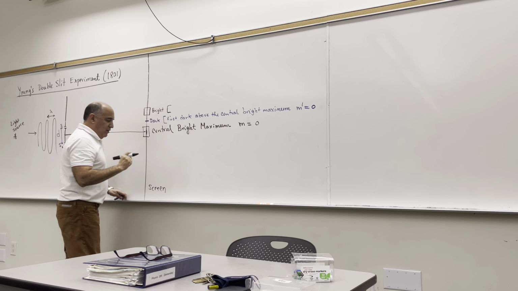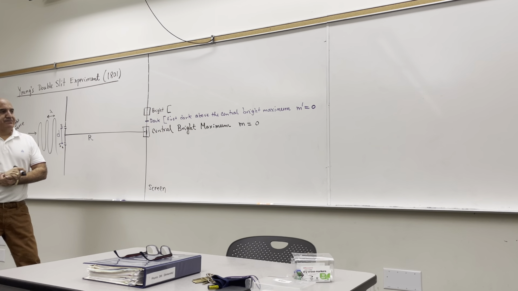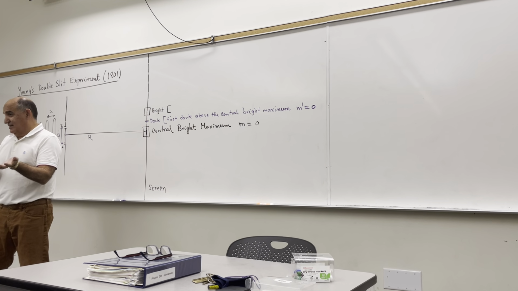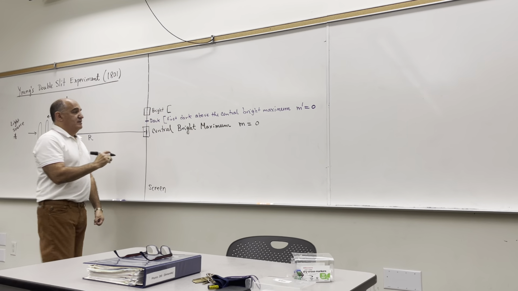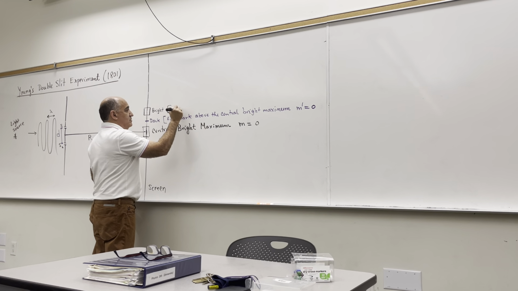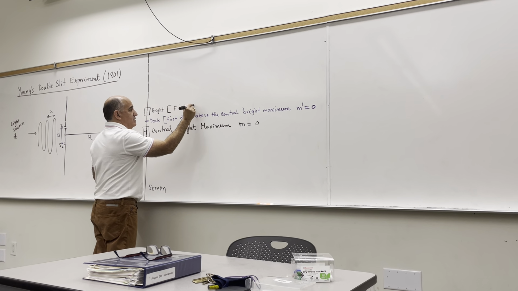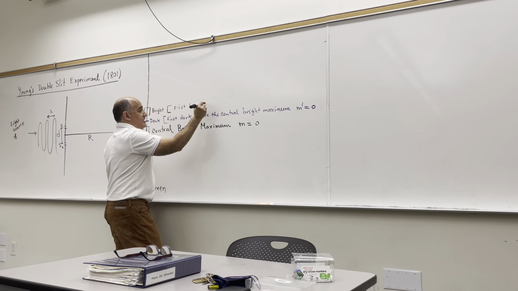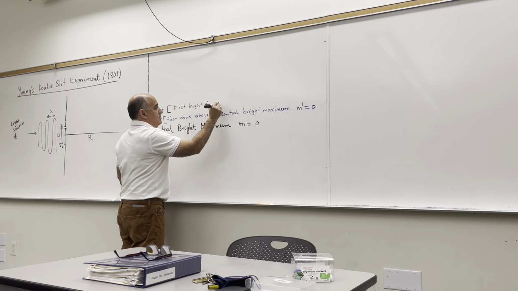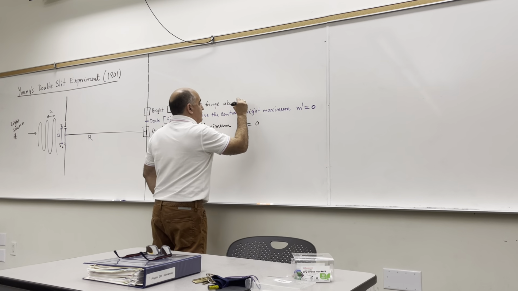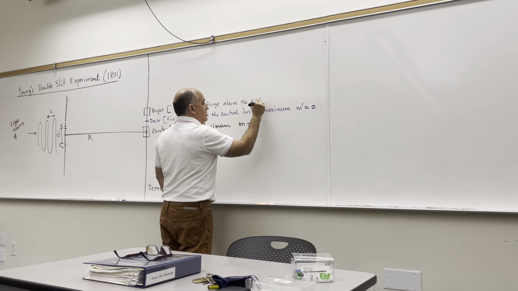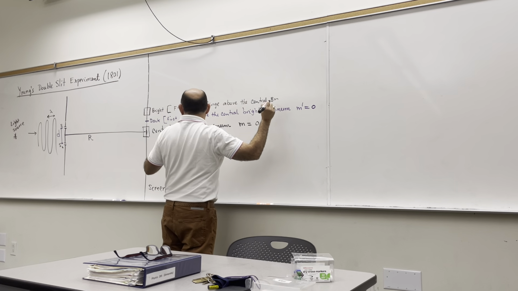And what do we call that one? You can call it the first bright fringe above the central bright maximum. Obviously, it's above the central bright, which is the one in the middle, right?